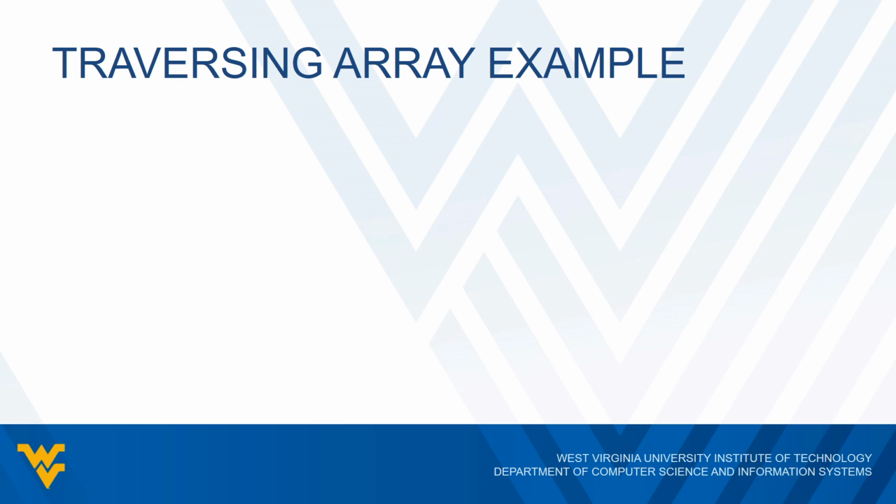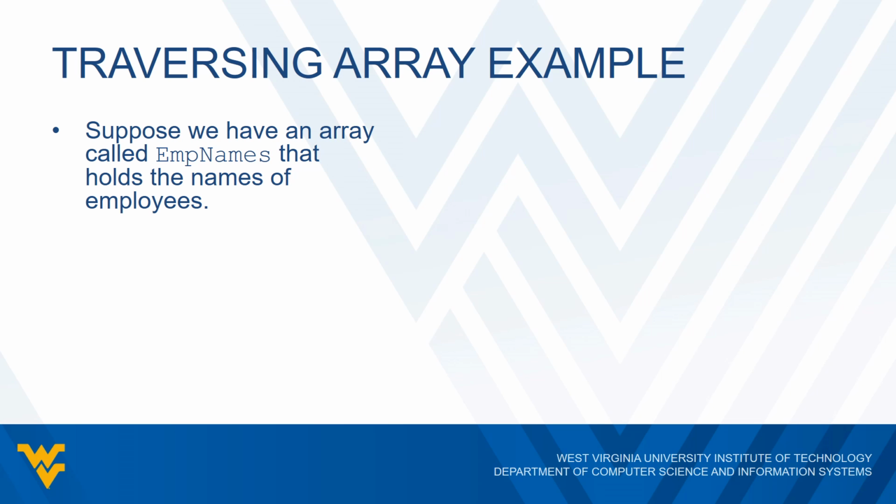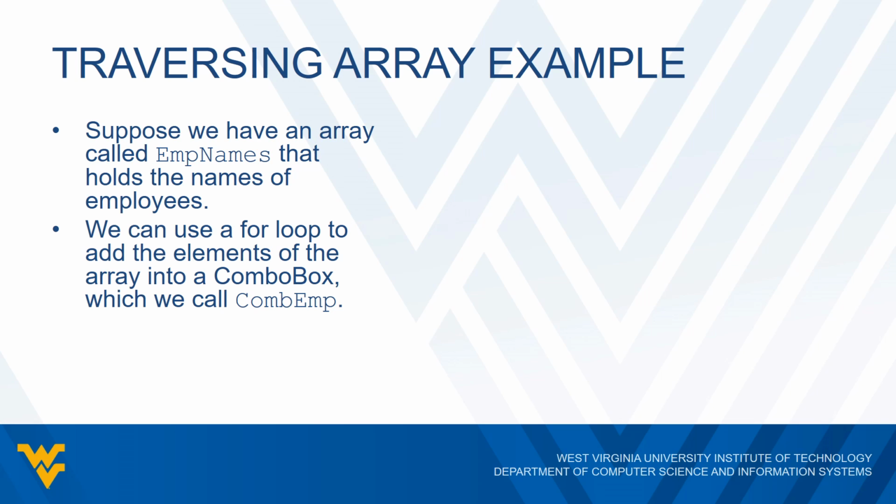Let's do another example where we would traverse through an array. Let's say we have an array called empNames, and we're not worried about how many elements are in the array, not yet at least, and this array would store all the names of the employees. What we can do is use a for loop to add all these employees into a combo box, and for our purposes, we'll call this compemp.